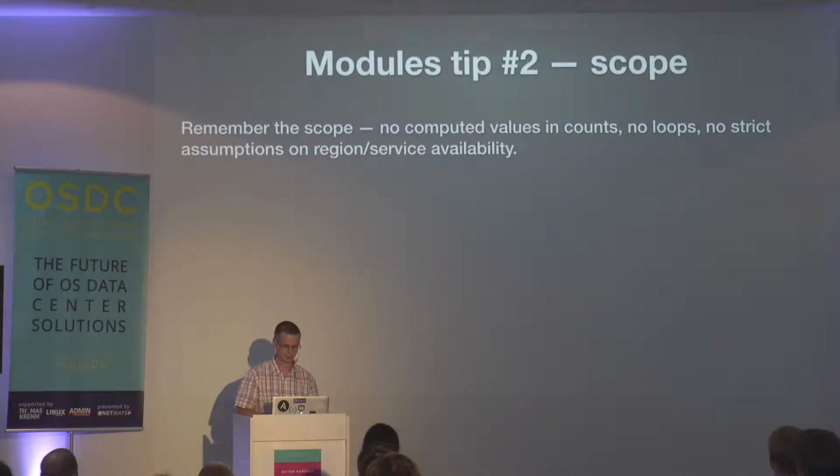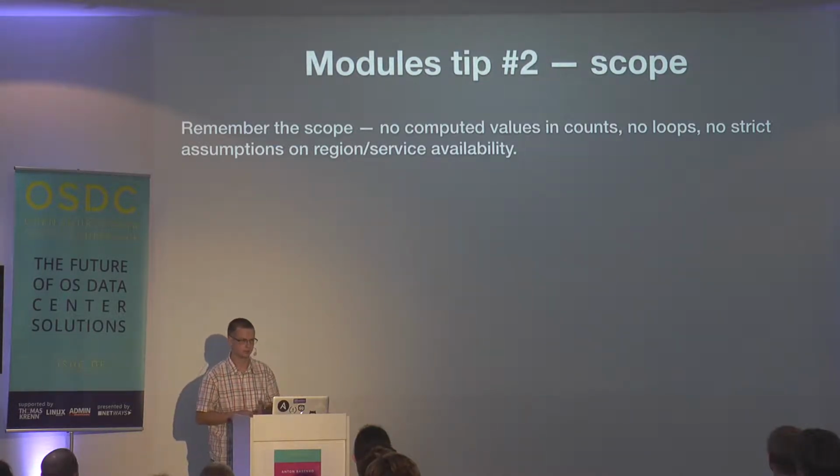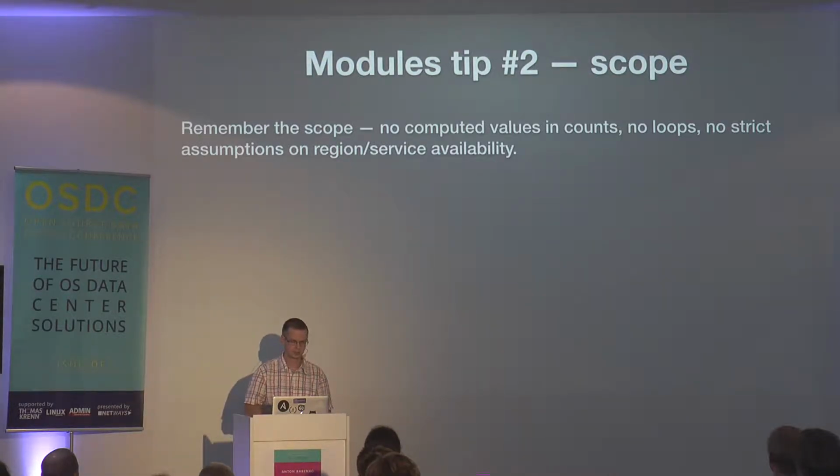Another important thing is, as I said, you should not think about Terraform as a programming language. It's not made for that. It doesn't have loops. It doesn't let you use computed values in counts, as I showed. Also, take into account where exactly your code will be executed.